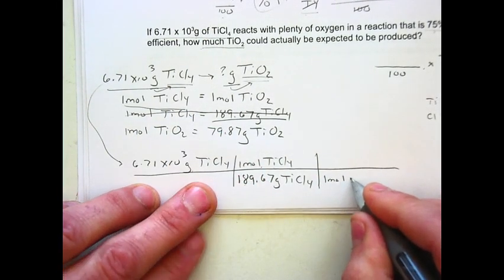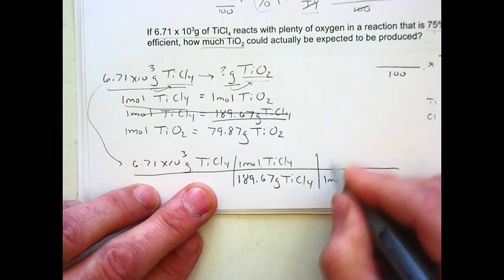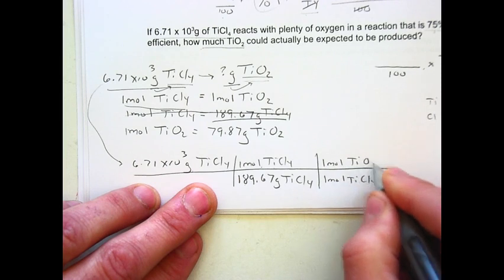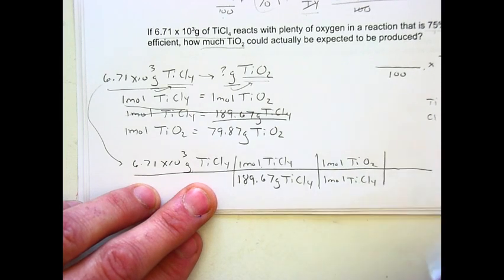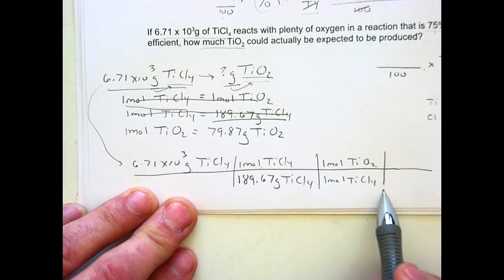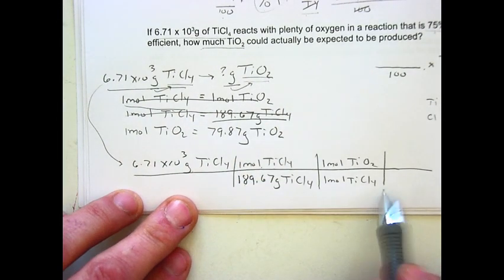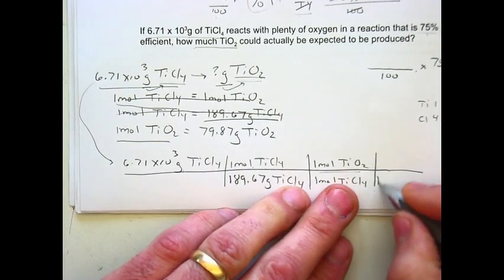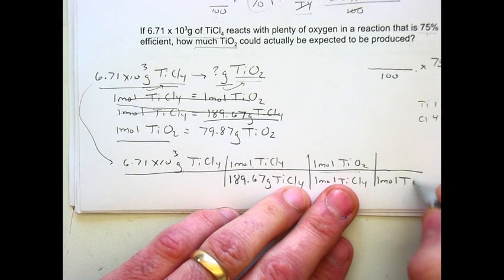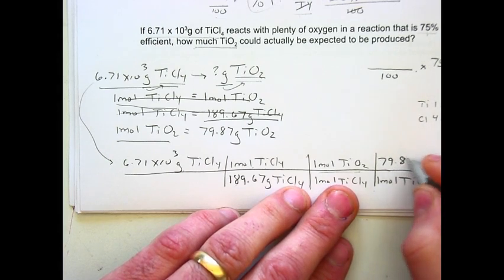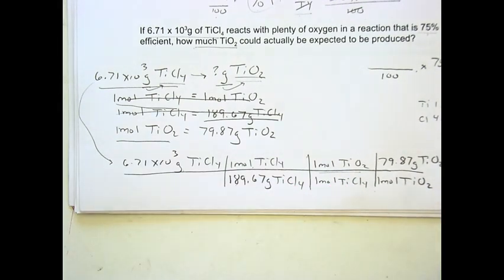It's a 1-to-1 ratio, so 1 mole of titanium(IV) chloride equals 1 mole of titanium(IV) oxide. And now we have one more equality, so one more vertical line. We have moles of titanium(IV) oxide, so we put 1 mole of titanium(IV) oxide is equal to 79.87 grams of titanium(IV) oxide.